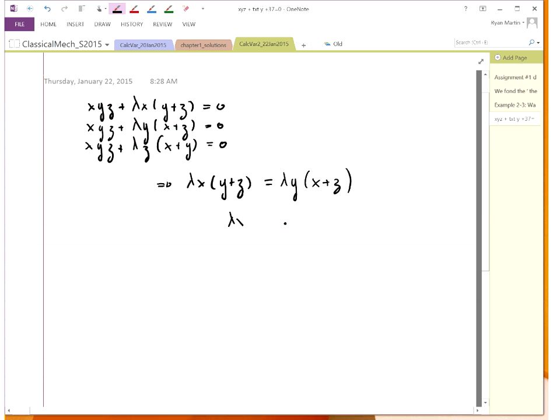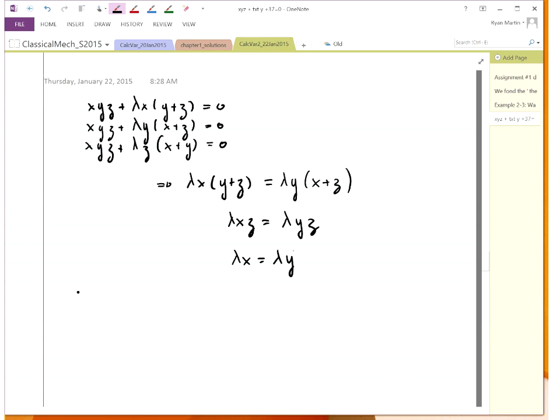So that lambda xy cancels, so then I have lambda xz equals lambda yz, and the z's cancel. So I have lambda x equals lambda y.